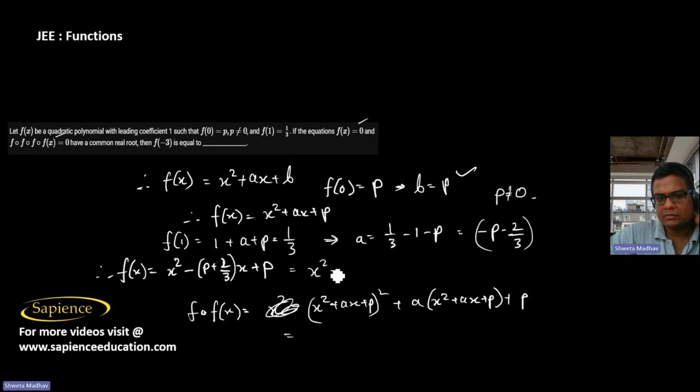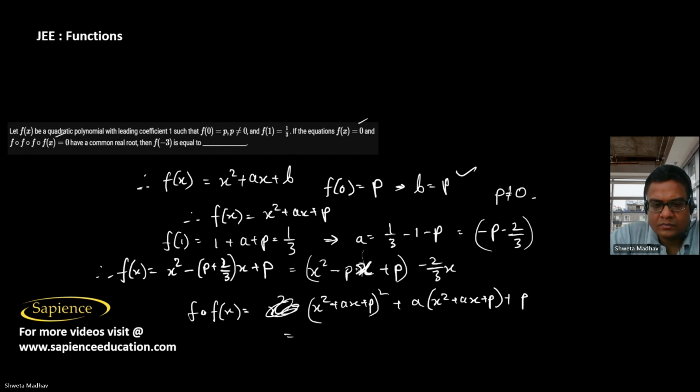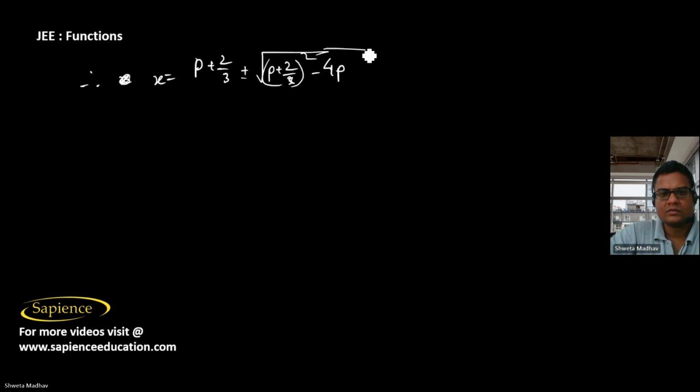Now this we can write x square minus p plus 2 by 3 x plus p. Now therefore the root will be x equal to minus b plus or minus square root of b square minus 4ac by 2a.